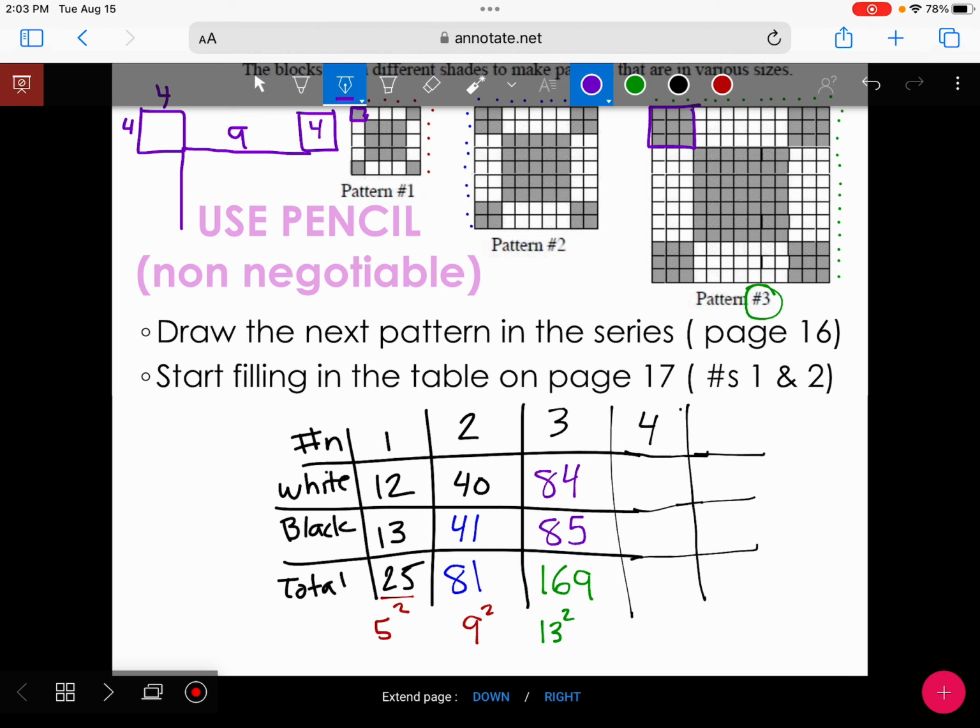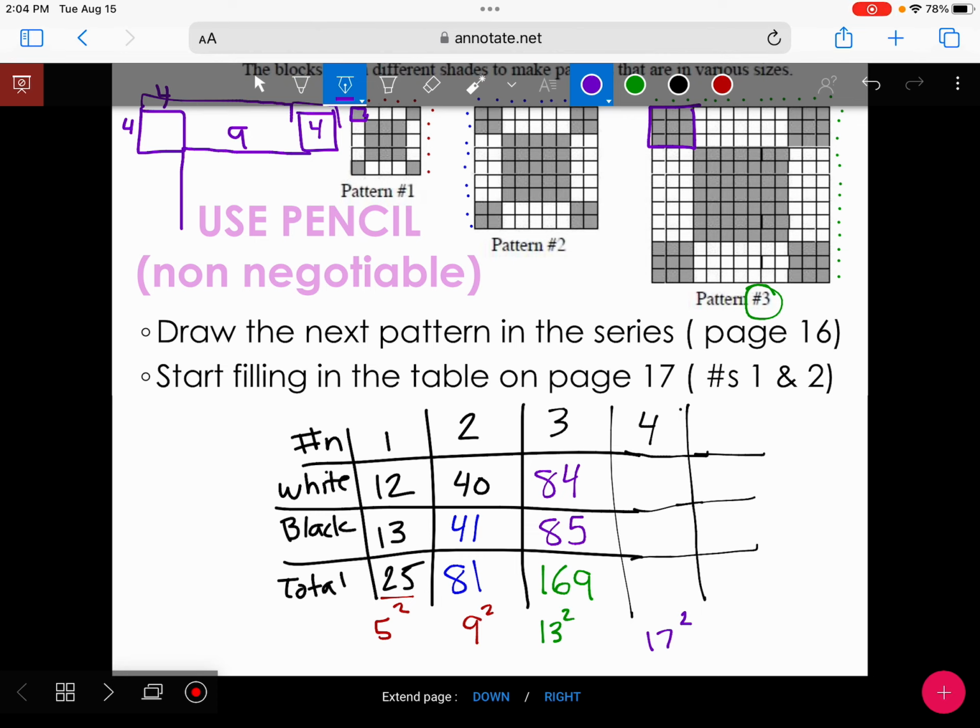See how wide it is? 9 plus 4 plus 4, or 4 plus 9 plus 4. Nine plus 4 is 13. Plus 4 is 17. So this is going to be 17 wide. So we need 17 squared.